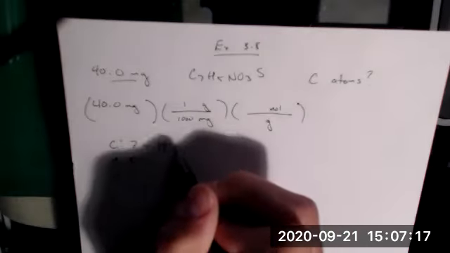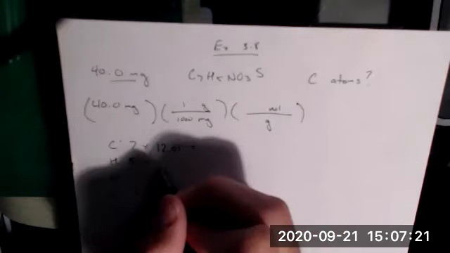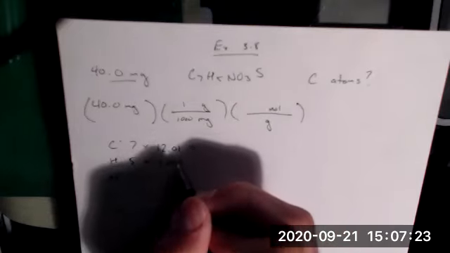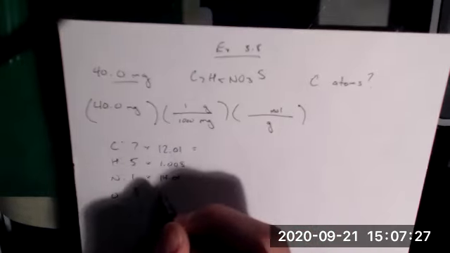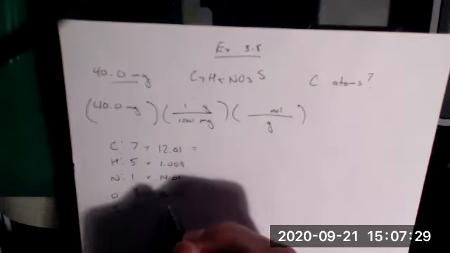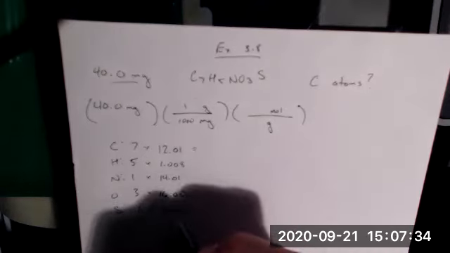I pull these from the periodic table: 12.01 for carbon, hydrogen 1.008, nitrogen 14.01, oxygen 16.00, and sulfur 32.06.